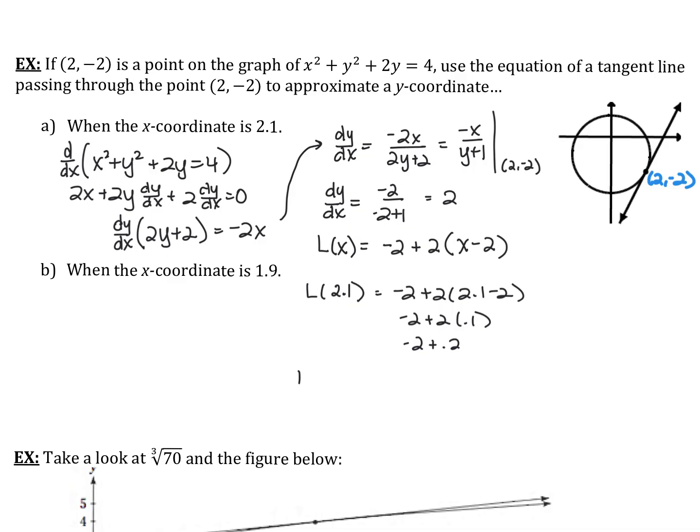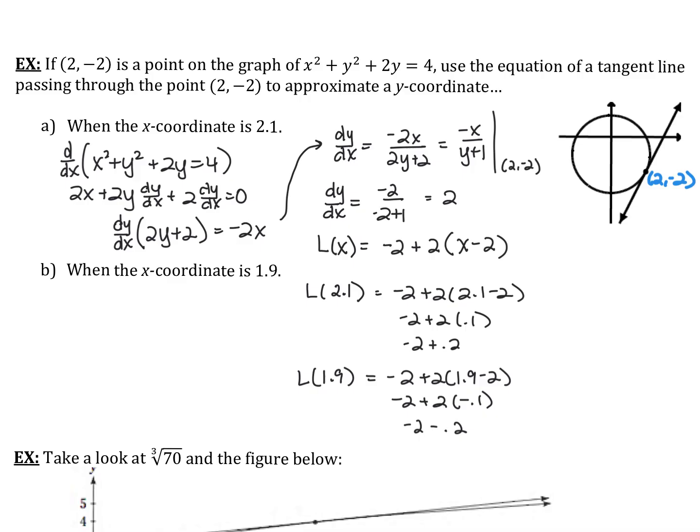And then I would do L of 1.9, the linear approximation at 1.9. So negative 2 plus 2 times (1.9 minus 2). Okay, and so we would get negative 2 minus 0.2.